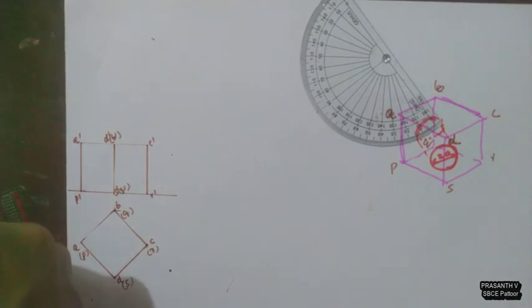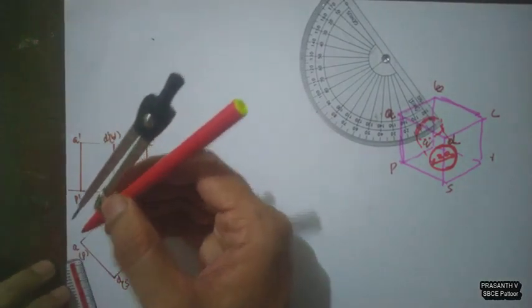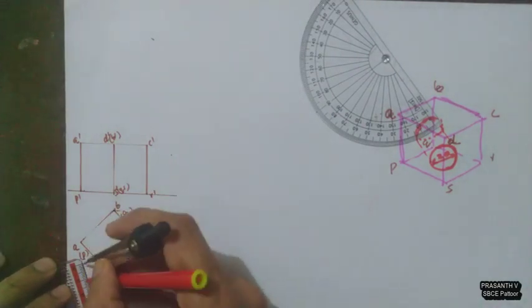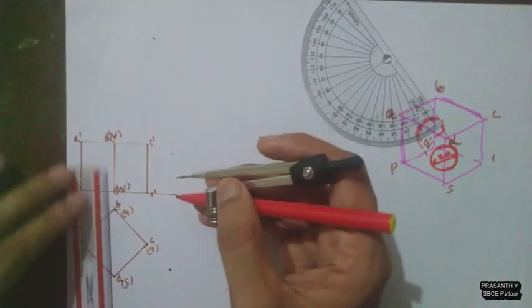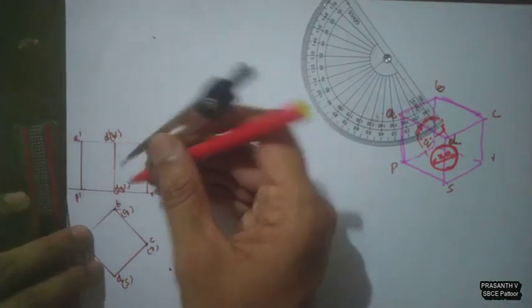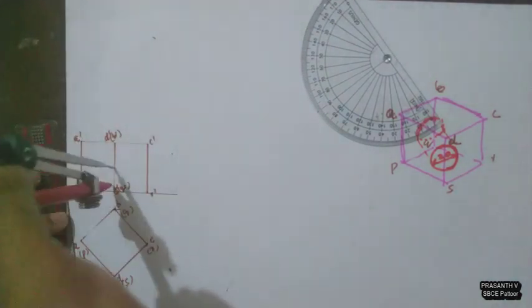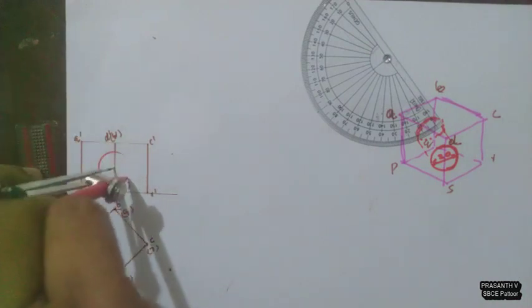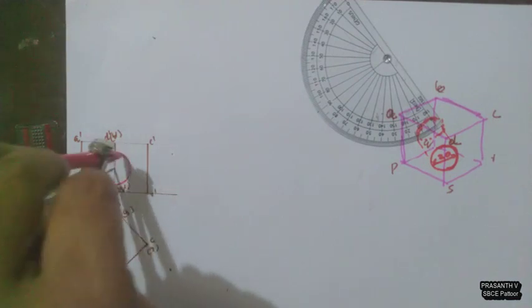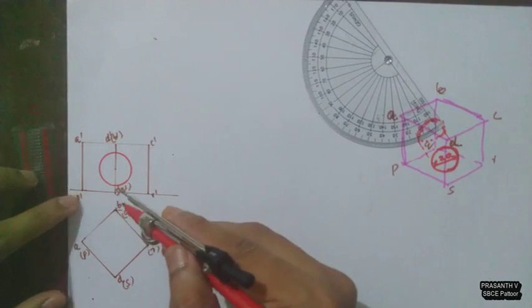Draw a circle accordingly, to the exact center. This is the circle which we drilled through the surface of the cube.